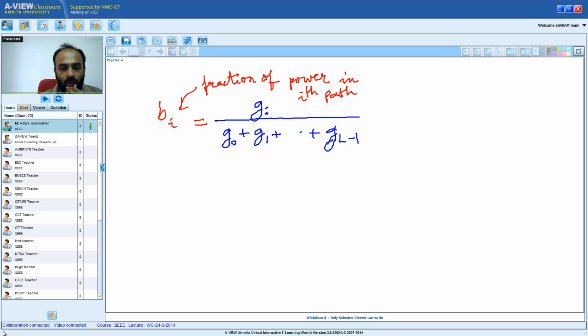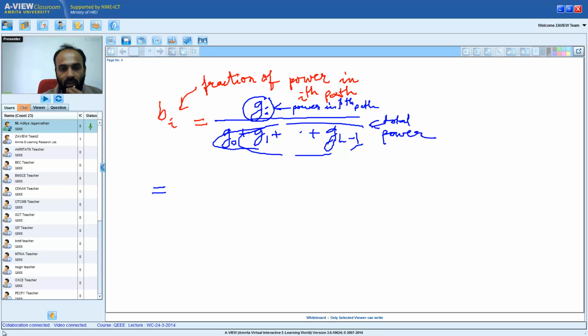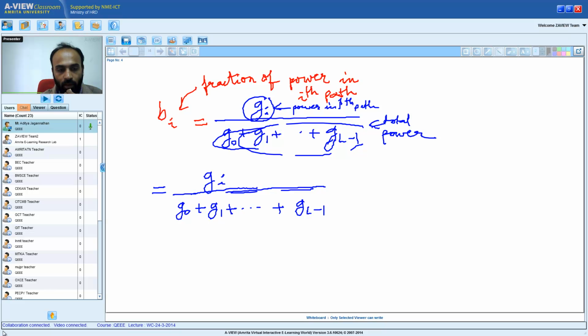That is, if you look at it, the power in the ith path divided by the total power, that is nothing but g_i divided by g naught plus g1 plus so on up to g L minus 1.